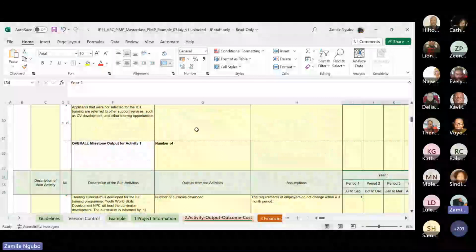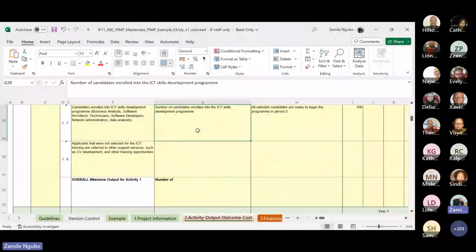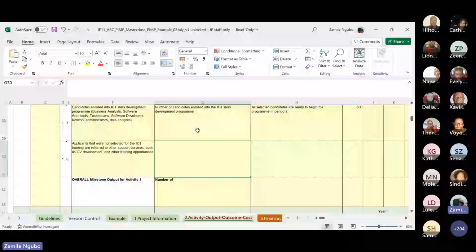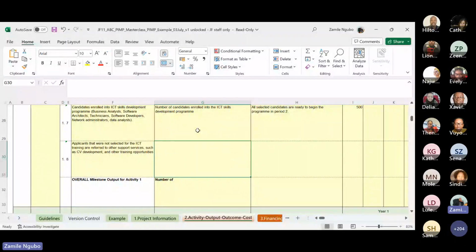So the last sub-activity will be applicants that were not selected, because you will remember we had 750 applications received, and now we're ending up with 500. So what about the 250? Those who were not selected will be referred to other support services so they can be assisted there.